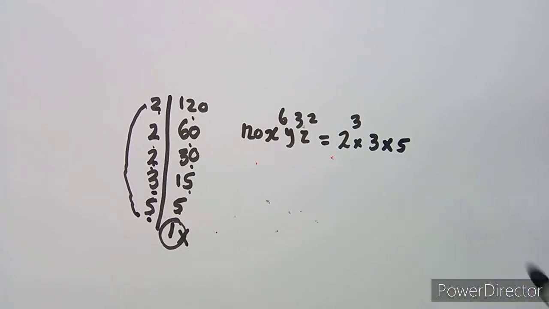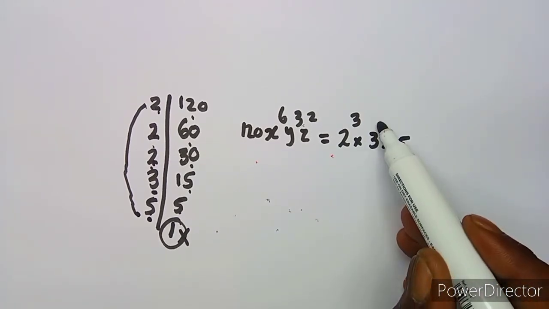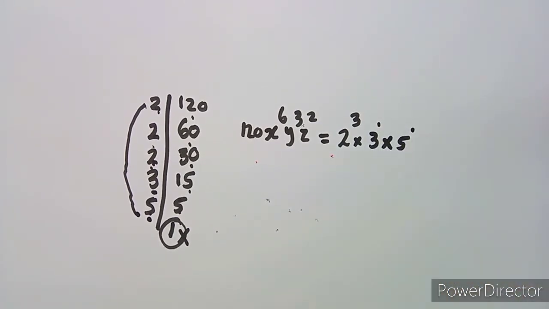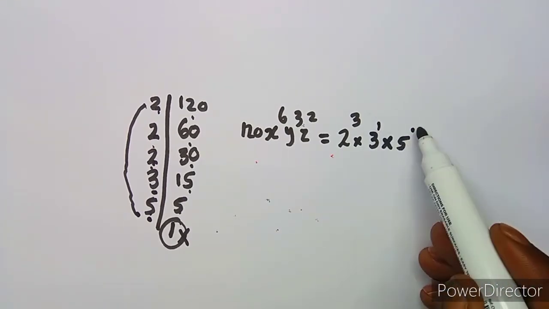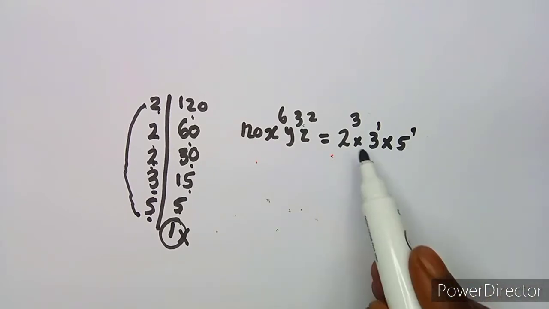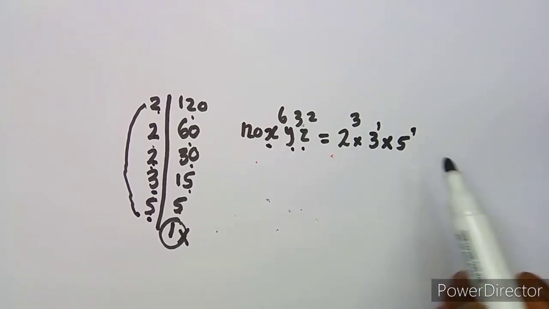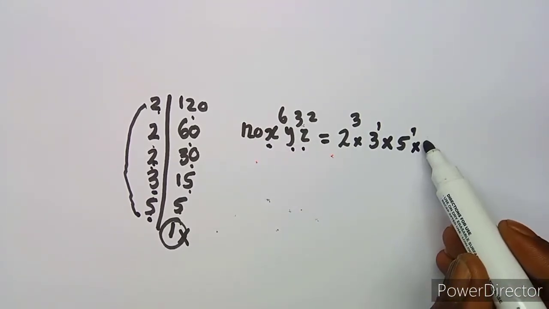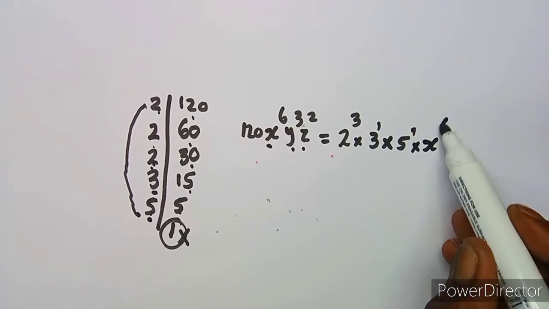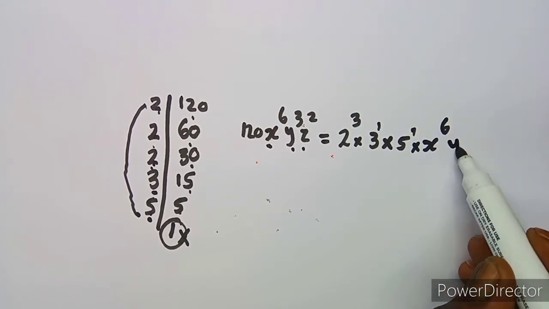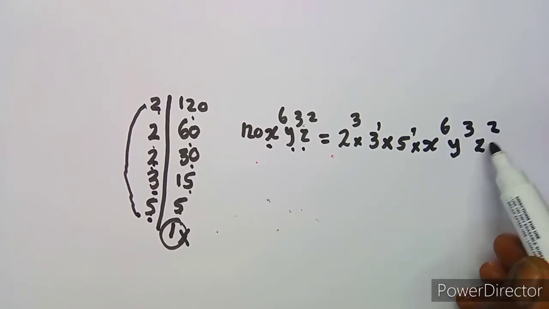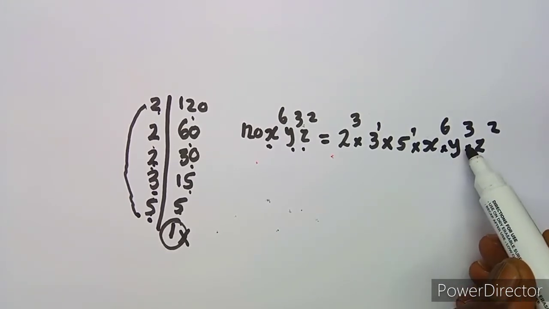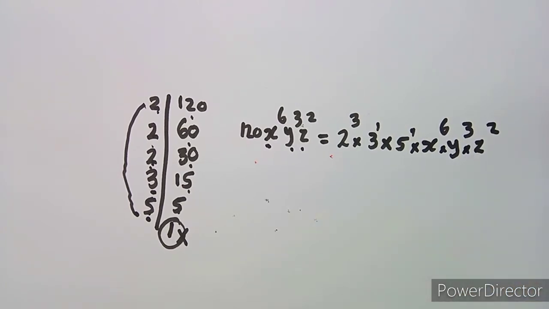You can even write them with the exponent of 1 if you want, but you can just leave it as 3 and 5. The rest you just write as they are: x to the exponent of 6, y to the exponent of 3, z to the exponent of 2. You can even multiply if you want, or just write it directly as it is.